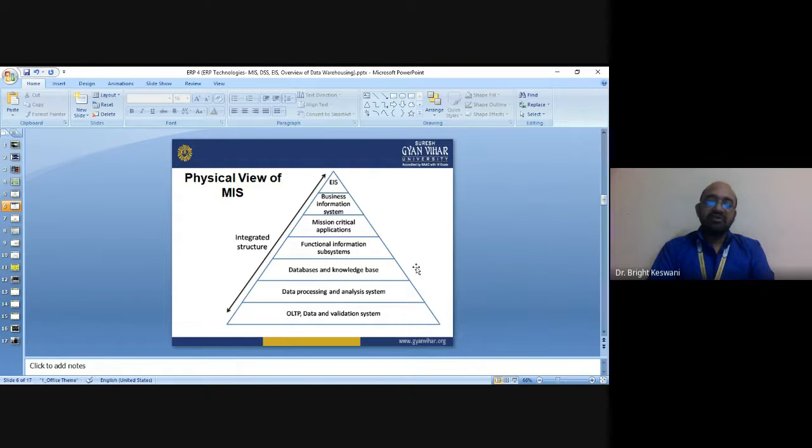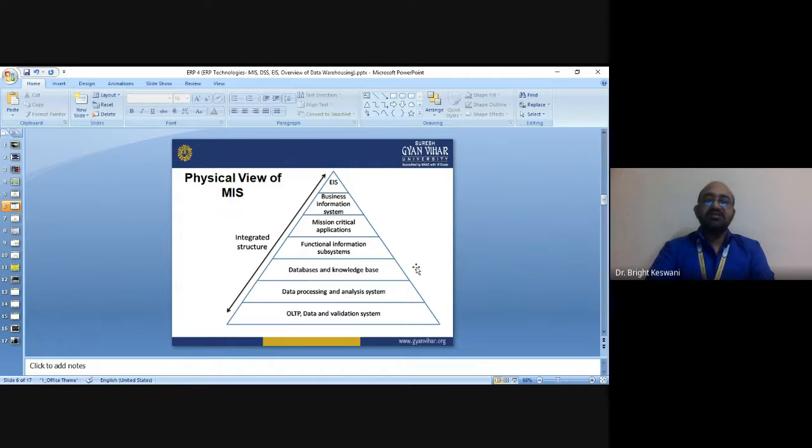So it provides structured information to the management, and MIS is flexible and can be adapted to the changing needs of the organization. These are some very important characteristics of an MIS.